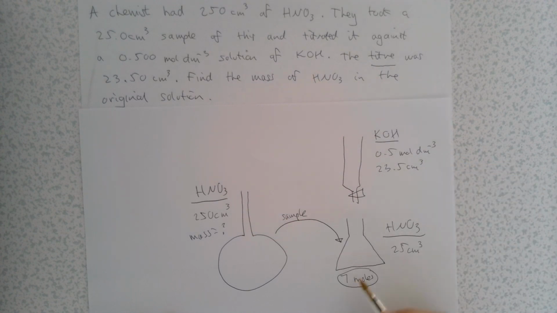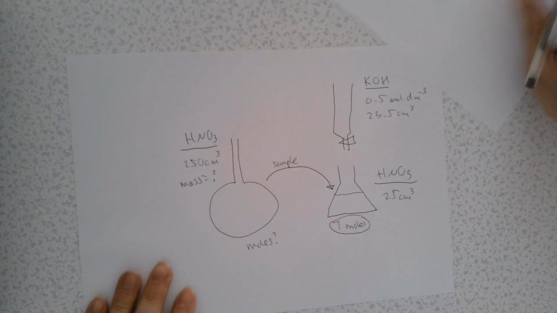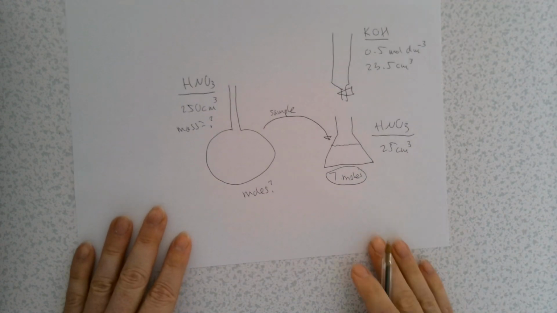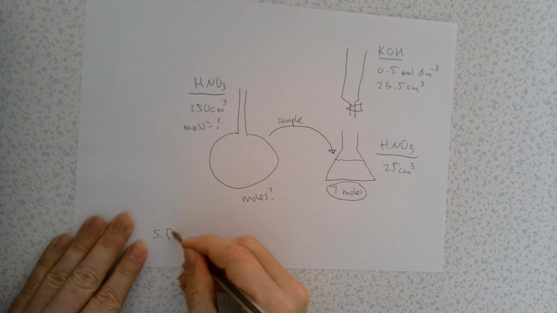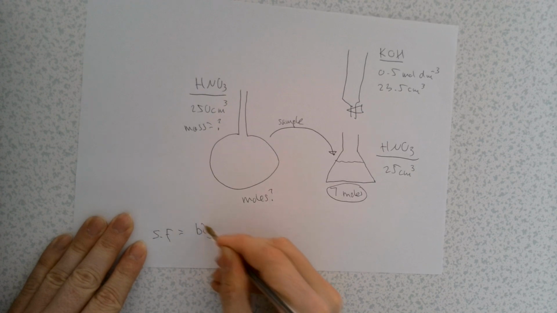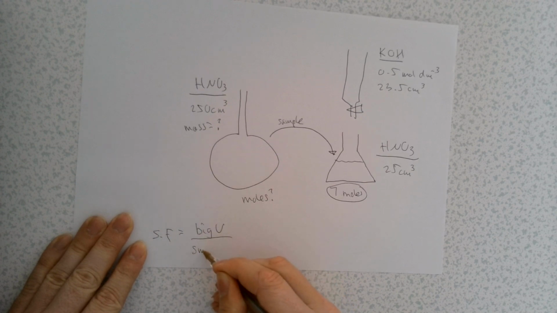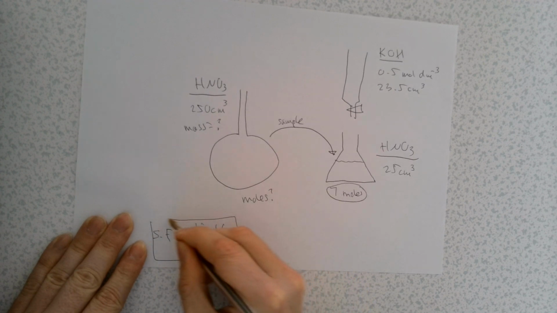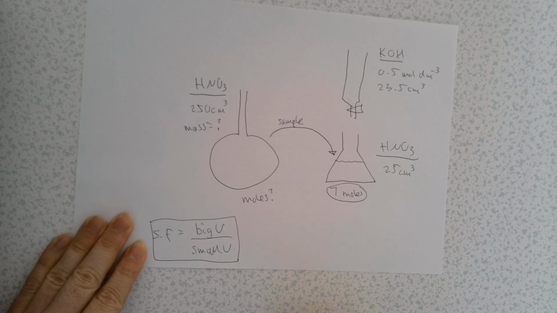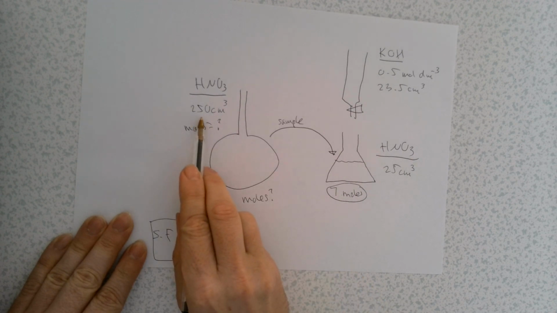If we had 7 moles in our conical flask, how many moles do we have in the original solution? So what we're going to need to do is a sample factor. Now the sample factor is big V over small v. So that's something to stick on a flashcard. Remember that. That's how you deal with samples. So in this question, my big volume was 250.